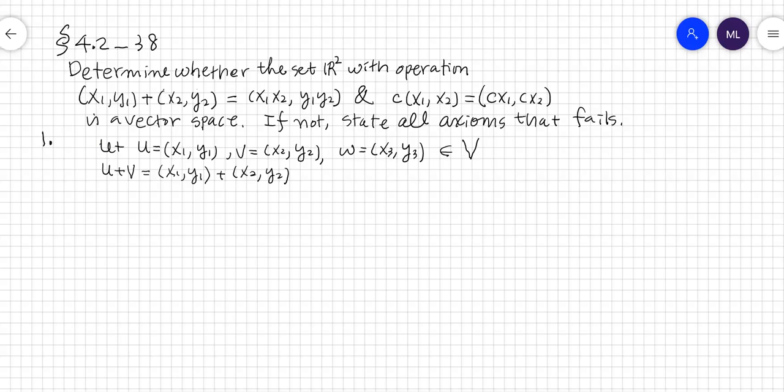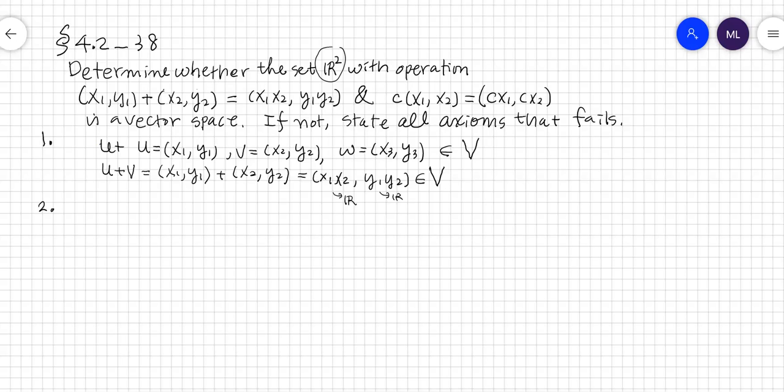And by definition, this is (x1x2, y1y2), which belongs to V because these are all real numbers. So this is a real number and the product of real numbers, so real number comma real number is an element of this set.